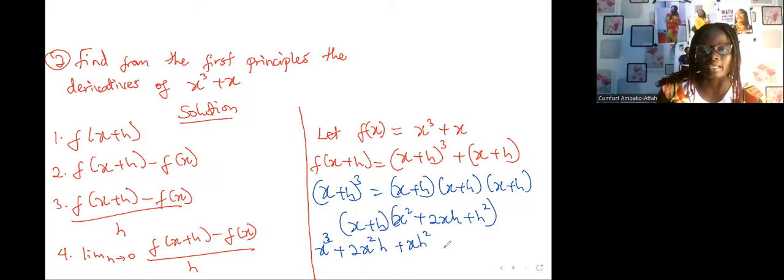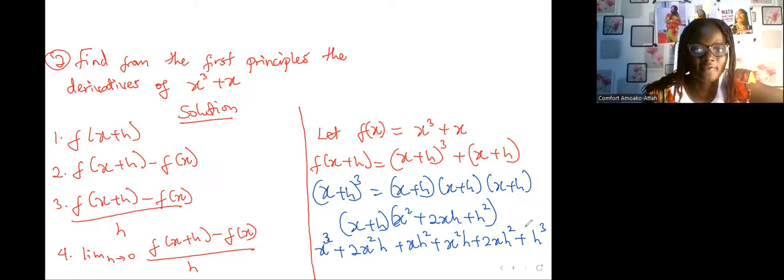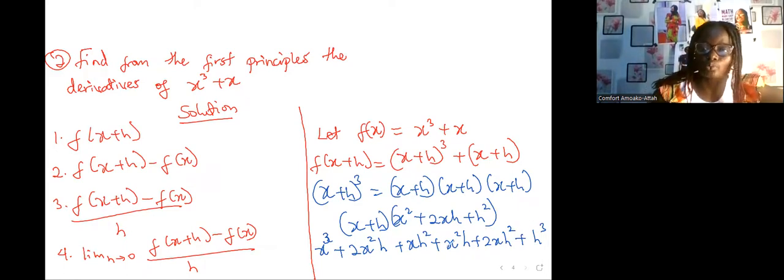Then we come to the second letter h. So plus x squared h, good, plus h times this will give us 2xh squared, good, plus what? h cubed. Perfect.